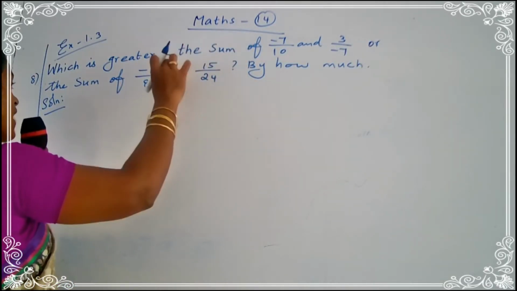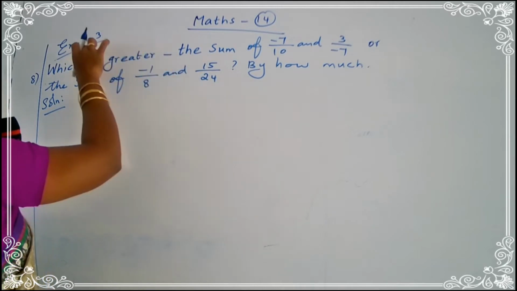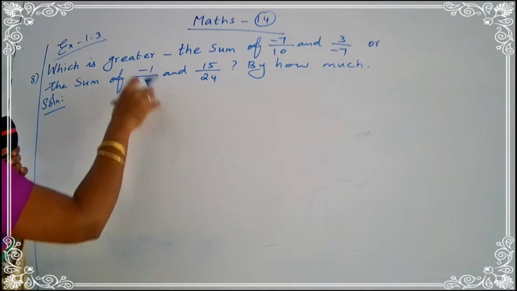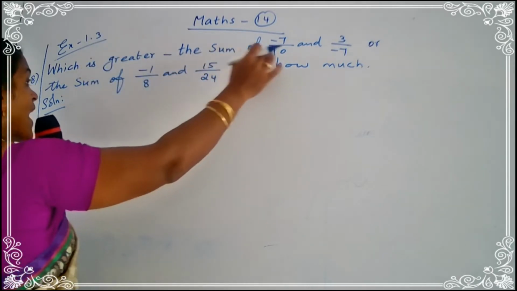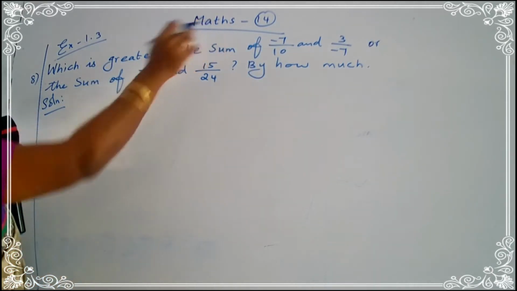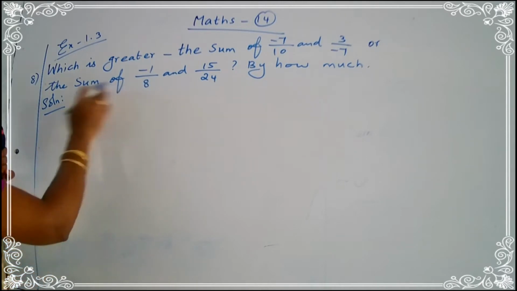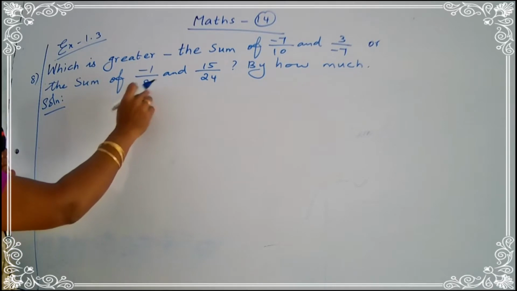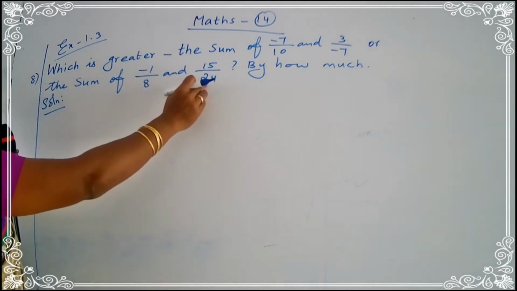Here two values are given. So you find out which is greater, okay children? First one is the sum of minus 7 upon 10 and 3 upon minus 7, and another one is the sum of minus 1 upon 8 and 15 upon 24, okay? Now you choose which is greater.